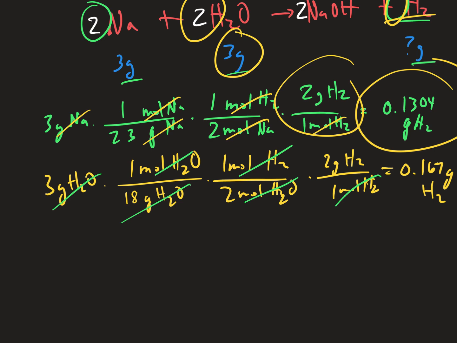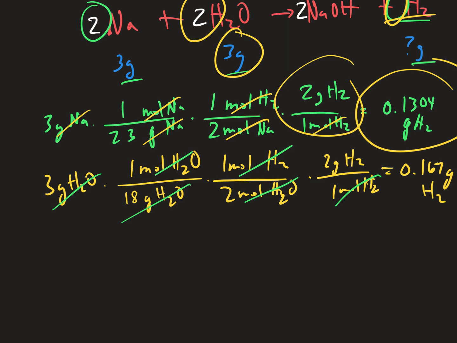So we start again with this. Why do we start with sodium? Because that's our limiting reactant. We start with 3 grams of sodium and we figure out how much water we actually need.